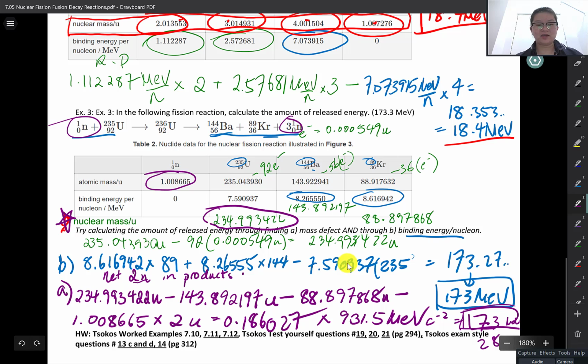In this case, if we had just used the atomic mass, we would have been okay, because 36 plus 56 electrons gives exactly 92 electrons in our reactants, so there was no loss or gain of electrons. But when we're talking about nuclear reactions, we technically should be using the nuclear masses, just in case things like electrons don't balance out.